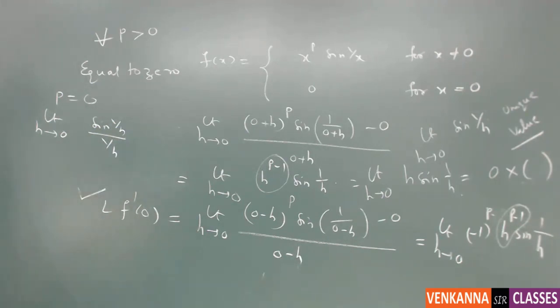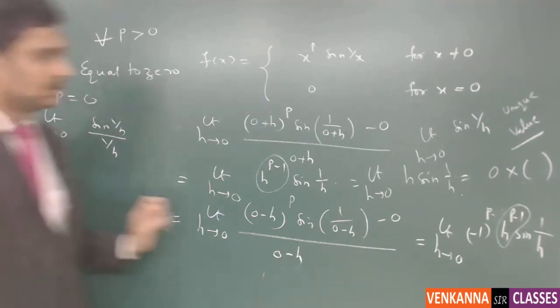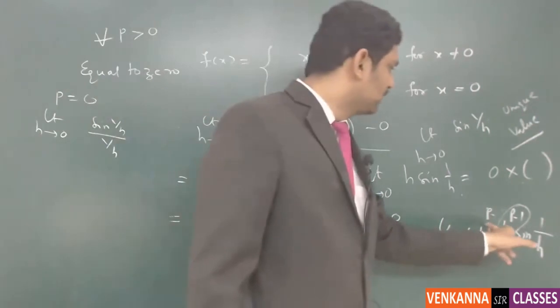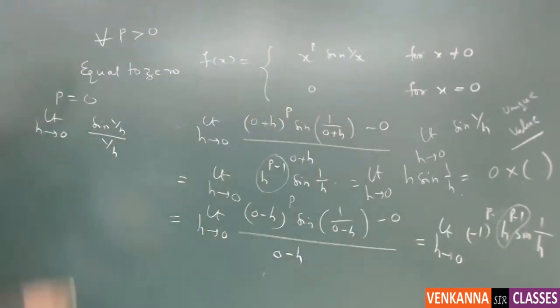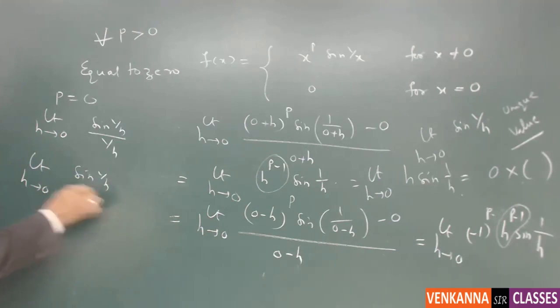So for the left derivative value, if this will be p is equal to 0, is that acceptable?